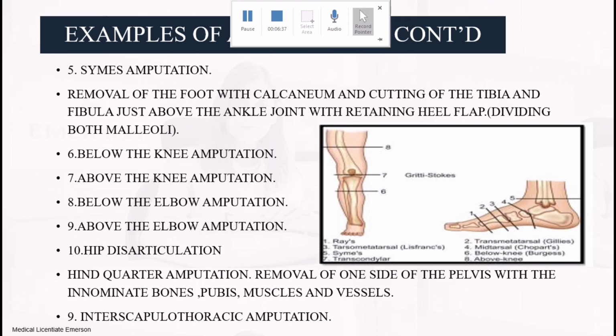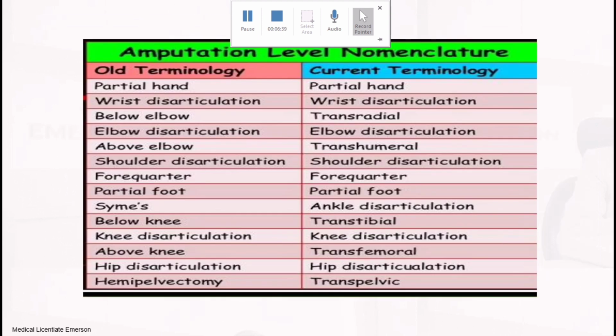Okay, so for the old terminologies, we have the partial hand, which is still being called the same. It hasn't changed. Nothing has changed. So still being called the same. So we have wrist disarticulation, still being called wrist disarticulation.